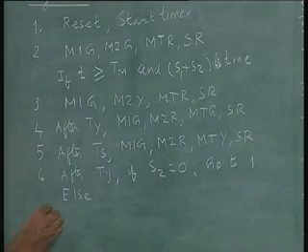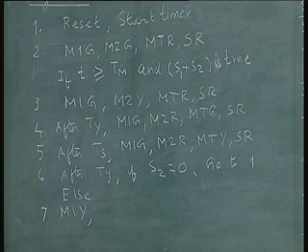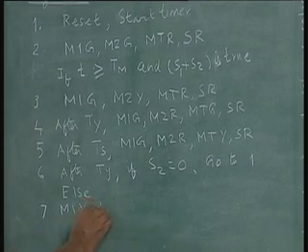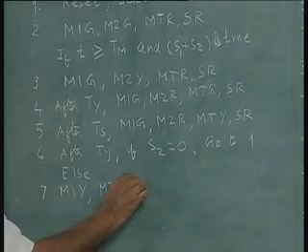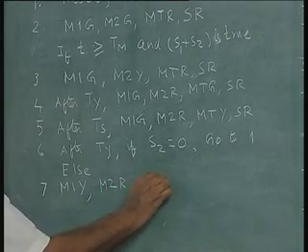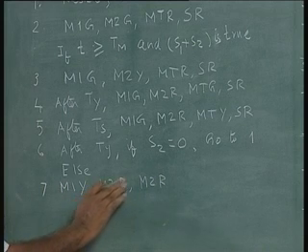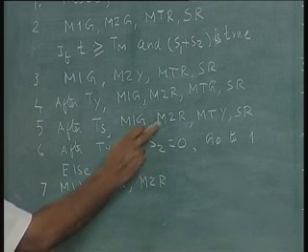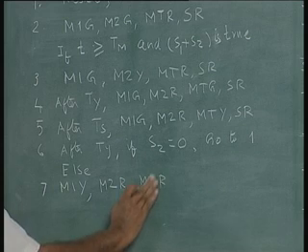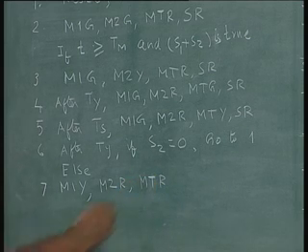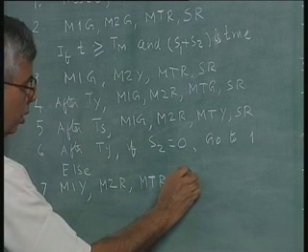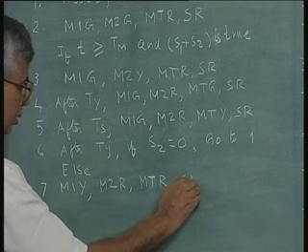So I need to go for M1 yellow, M2 continues to be red, MTR, side red still.